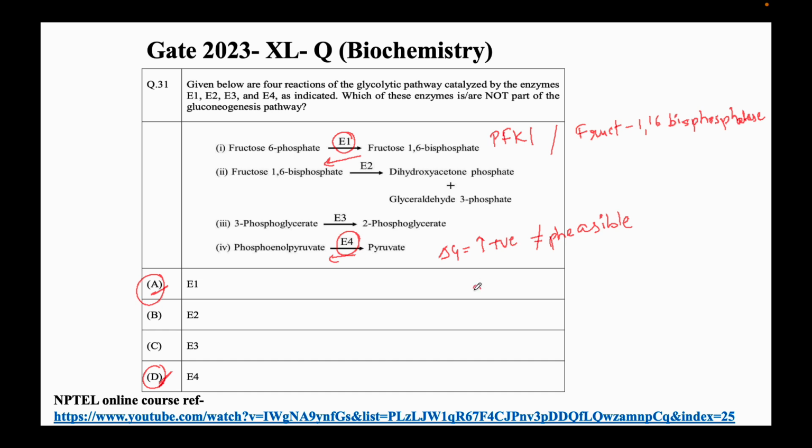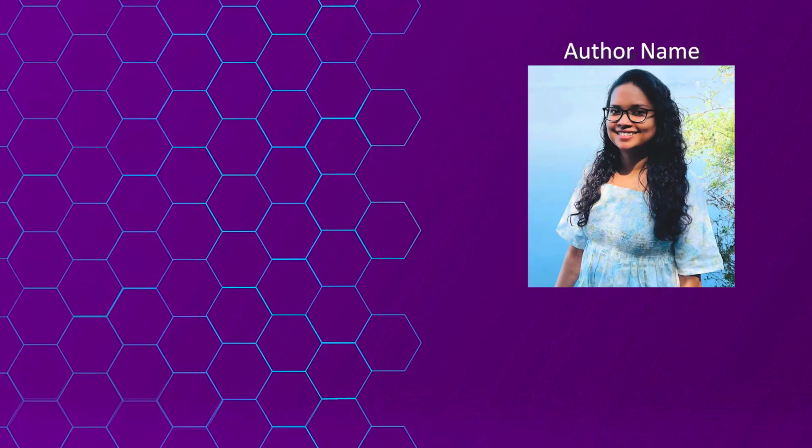Thus, there are different enzymes which catalyze this: pyruvate to oxaloacetate and phosphoenolpyruvate, and fructose 1,6-bisphosphate to fructose 6-phosphate, catalyzed by fructose 1,6-bisphosphatase. These enzymes lower the delta G and thus make the reaction feasible for the gluconeogenesis pathway. Hence, the answer is E1 and E4. Thank you.